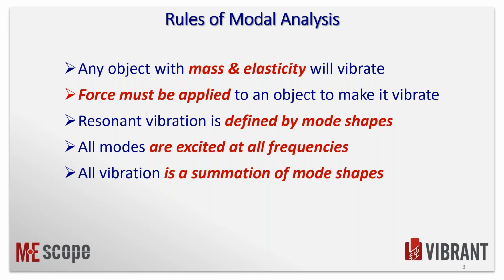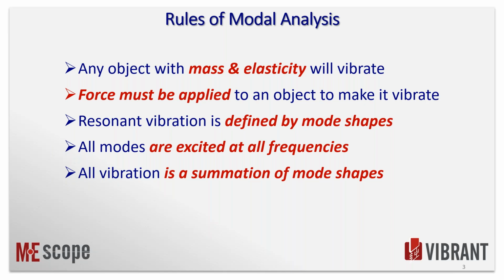And the typical parameters are frequency, damping, mode shape. Another term for mode shapes, they're called eigenvectors and eigenvalues. The term eigenvalue means a unique value, which is the frequency of the resonance, and the eigenvector is the mode shape.